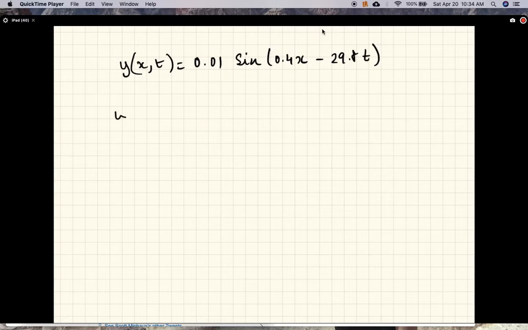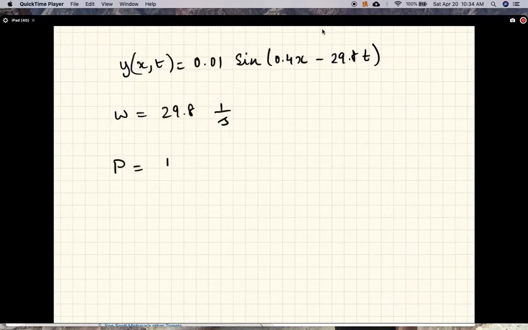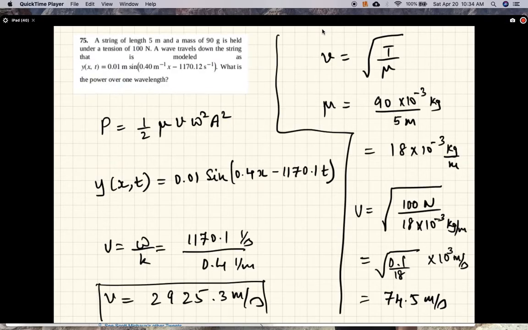So we've changed omega to 29.8 per second. Now let's get to the power equation. So the power equation is 1/2. So what we're saying is this velocity was wrong, so we've changed that.